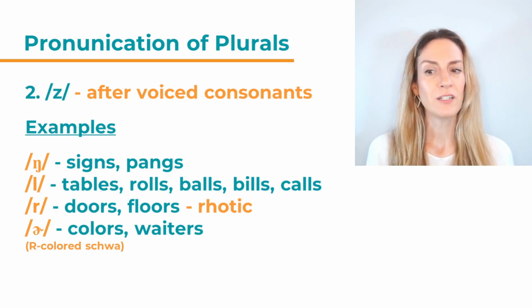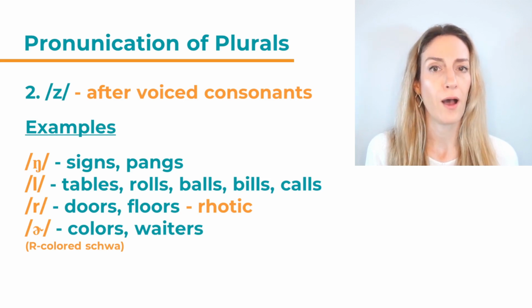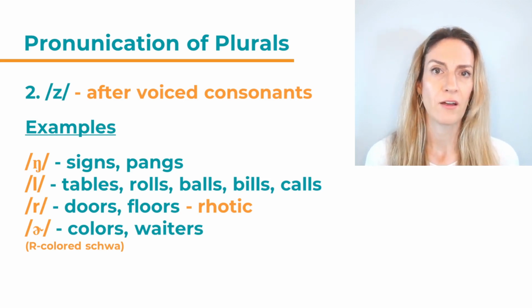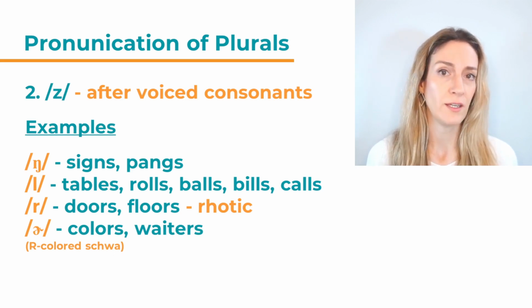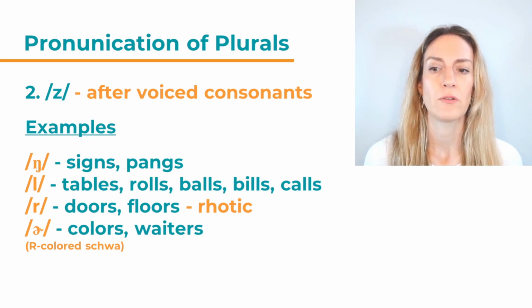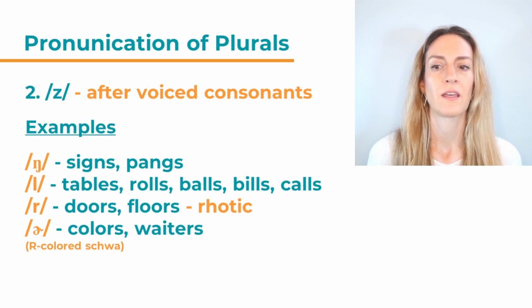And then r and also the schwa with an r, the r-colored schwa. Now those are more found in rhotic English or often in American English. So doors, floors, colors, and waiters.